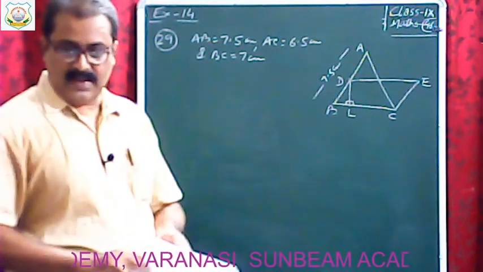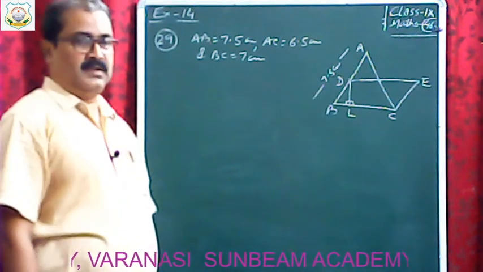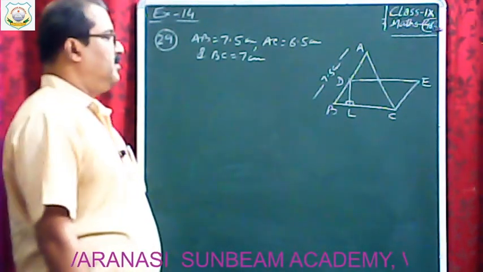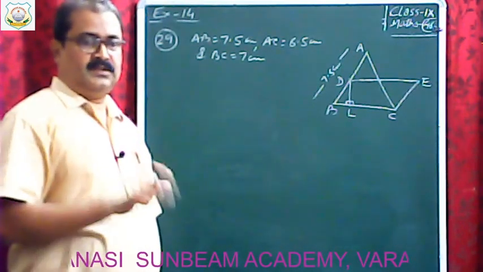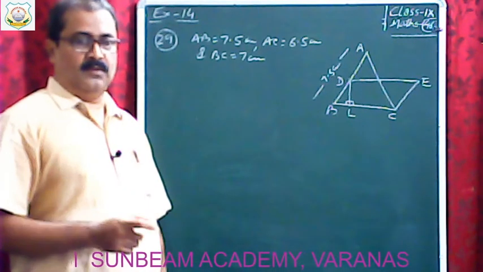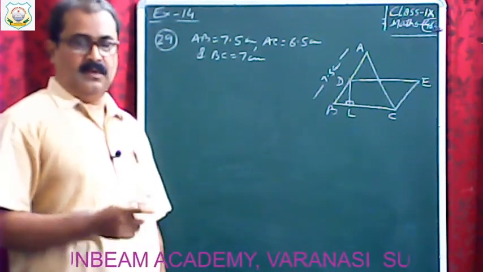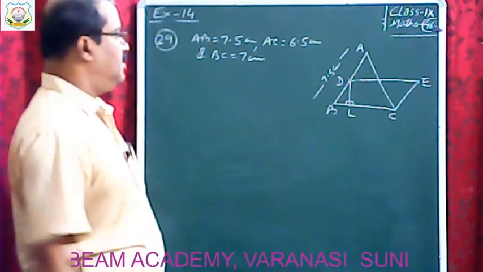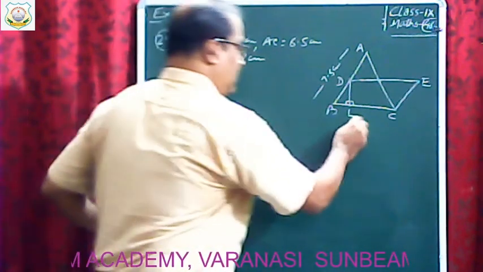Means a triangle and a parallelogram both given on the same base, all three sides of triangle given. We have to find height DL of parallelogram. The area of parallelogram equal to base into height. The base of parallelogram BC is 7 centimeter, given.